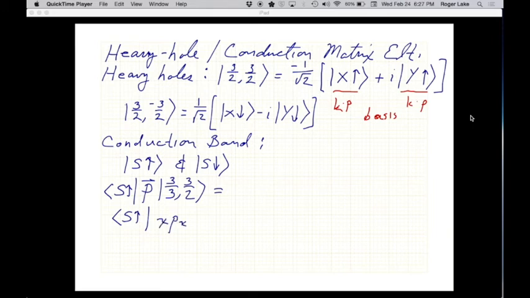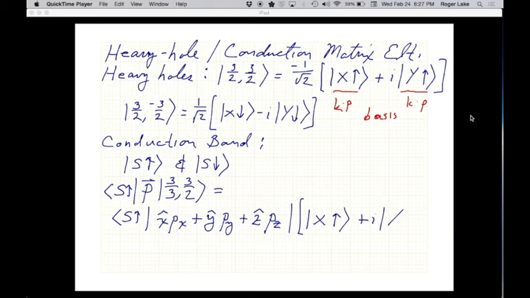X hat PX plus Y hat PY plus Z hat PZ, acting on our 3/2, 3/2 state, which is X up plus I Y up, all times negative 1/√2.